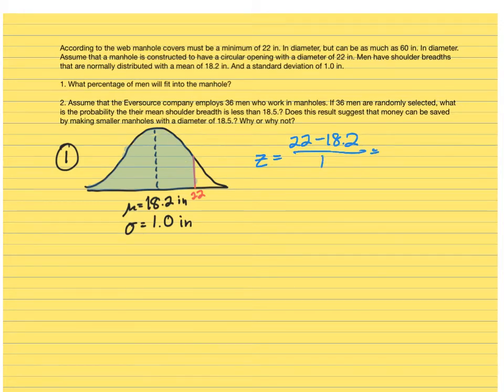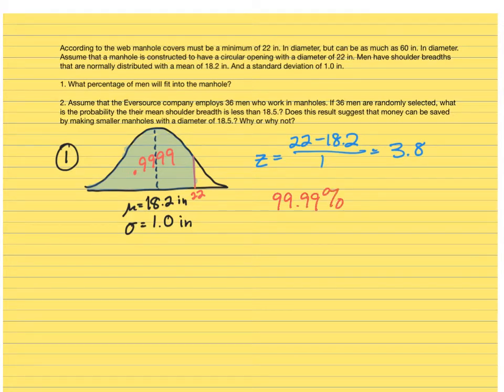What's that going to be? 3.8. So that's the z-score. If we look up 3.8 in our table, the area to the left is going to be 0.9999. So the answer is 99.99%. That's pretty much everybody, right?